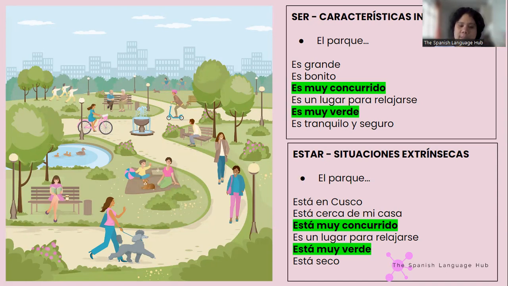When I say está muy verde, it's like, well, see, hoy, today, is very green, right? It's beautiful, very green, it's green everywhere. But when I say es muy verde, it means that for me, that is something that how I define the park, is how I will describe the park as it usually is, right?